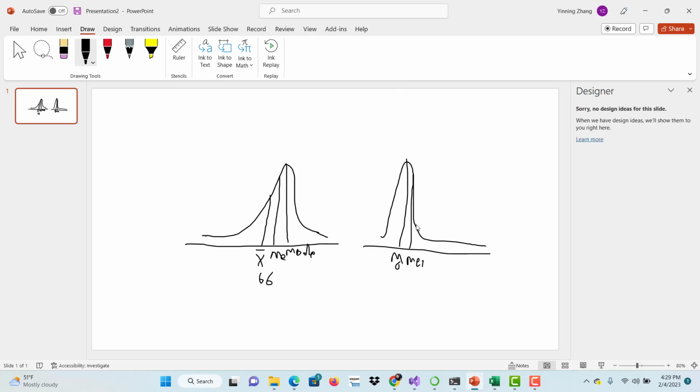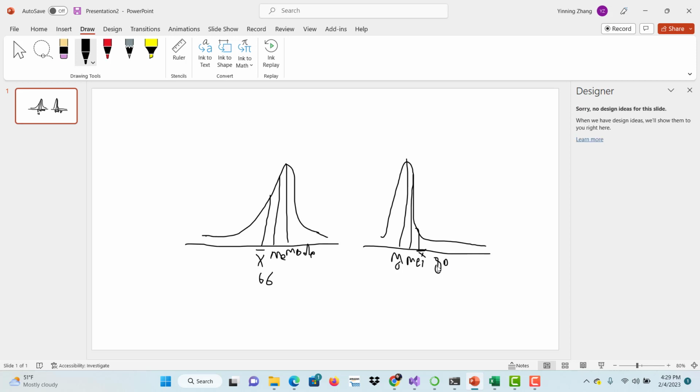I didn't write very well. And the mean is probably somewhere over here, the mean, x. So the mean may look very nice, maybe 70 or even 80.